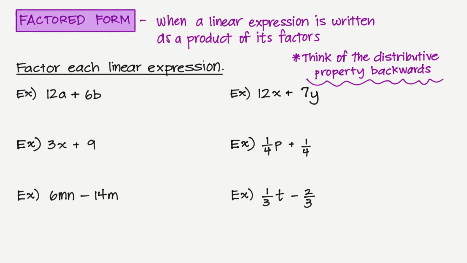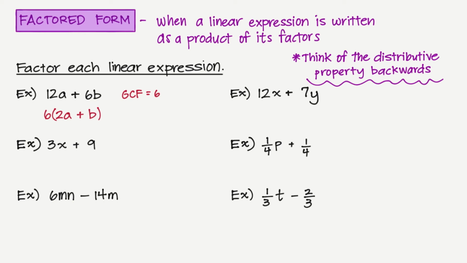So 12a plus 6b, I'm looking at them and they both have a 6 in common, so that would be the GCF. So really, it's kind of like I'm going to be dividing both of these by 6. So 12a divided by 6 is 2a, and 6b divided by 6 is just b.